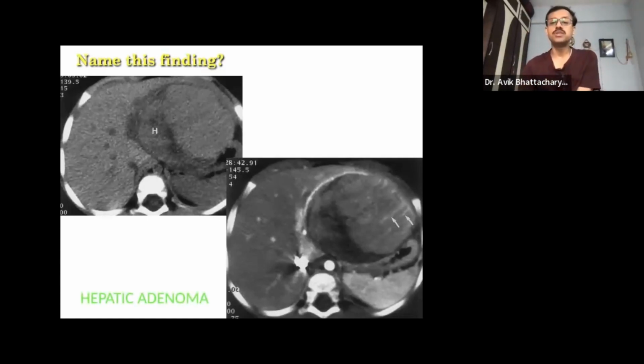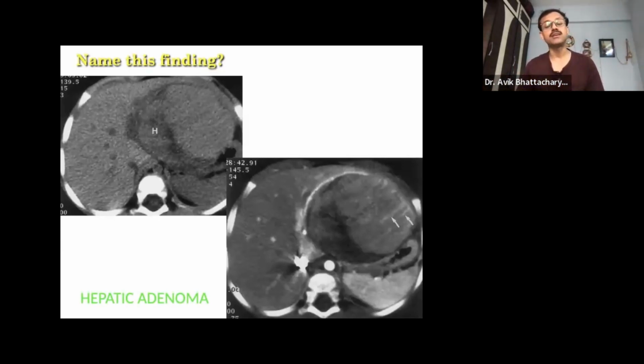Okay, so you need not break your head differentiating those lesions, because most of those lesions have a typical set of clinical features, and you can very easily differentiate a simple cyst, a hydatid cyst. Then if it is a solid lesion in a non-cirrhotic liver, either a hemangioma, which will follow a characteristic pattern of enhancement, then FNH and hepatic adenoma.